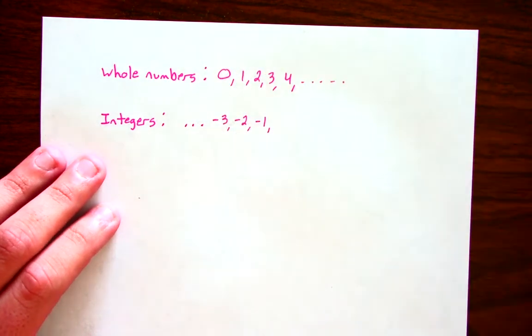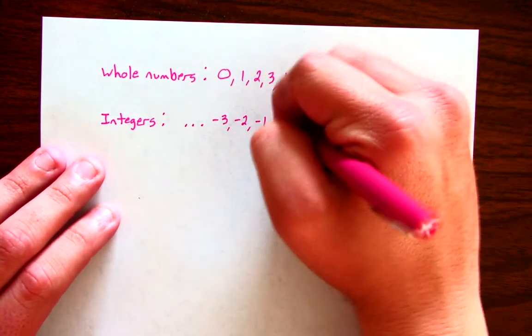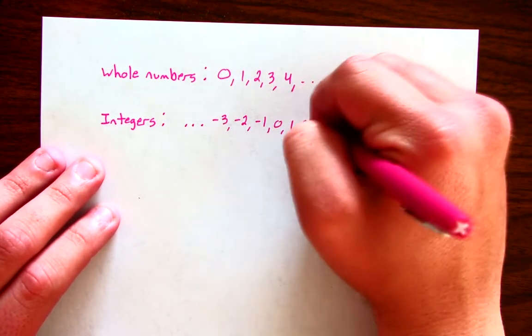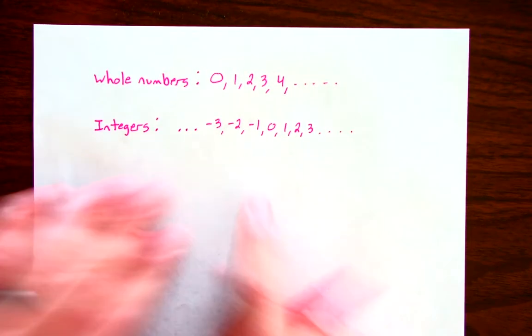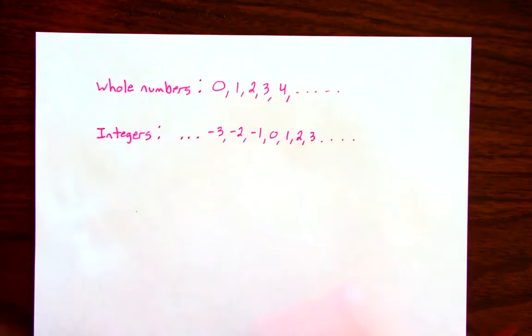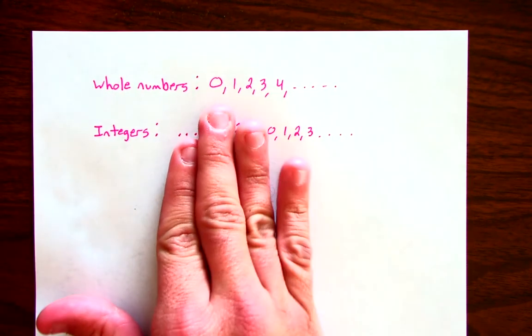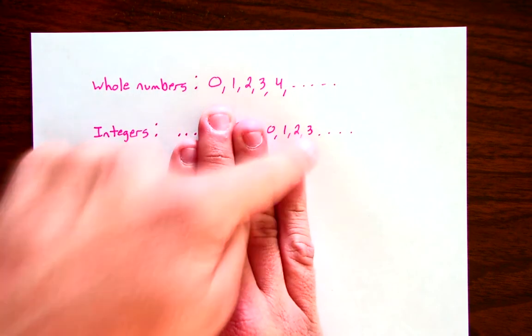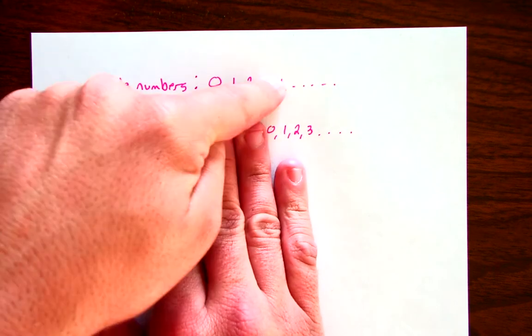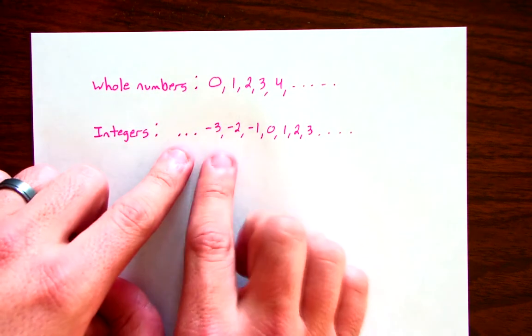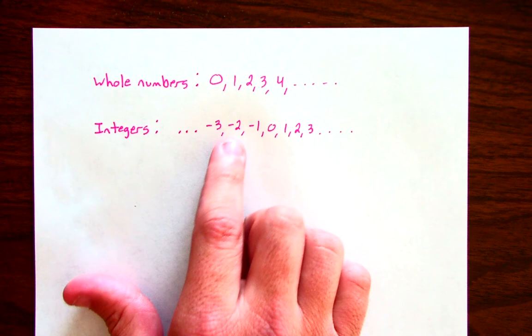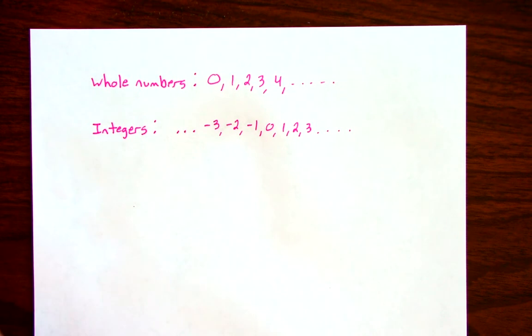You also have to include 0. 1, 2, 3. Notice, integers are all of your whole numbers like you see here, and their opposites.